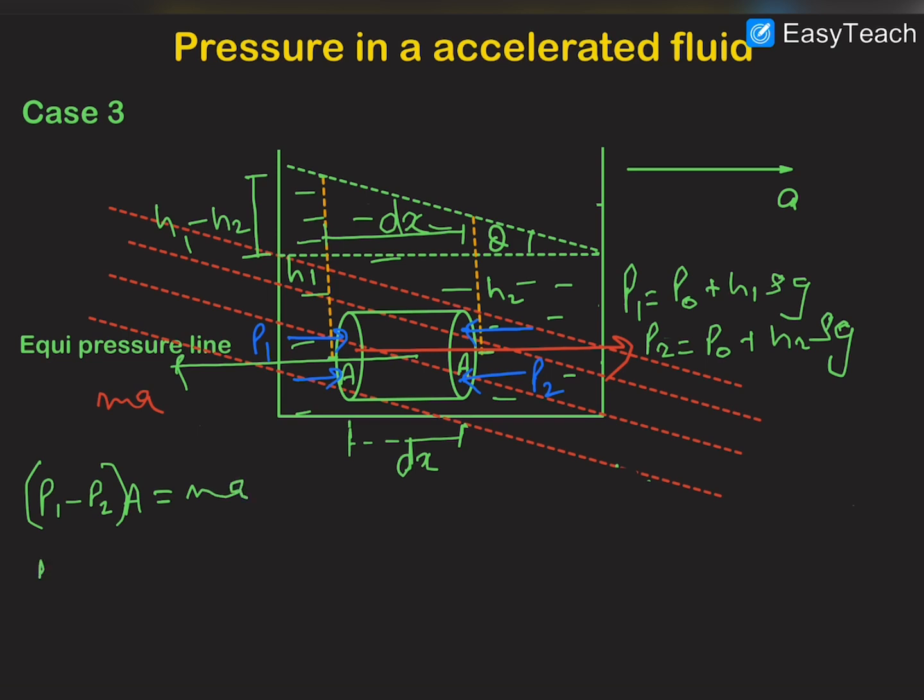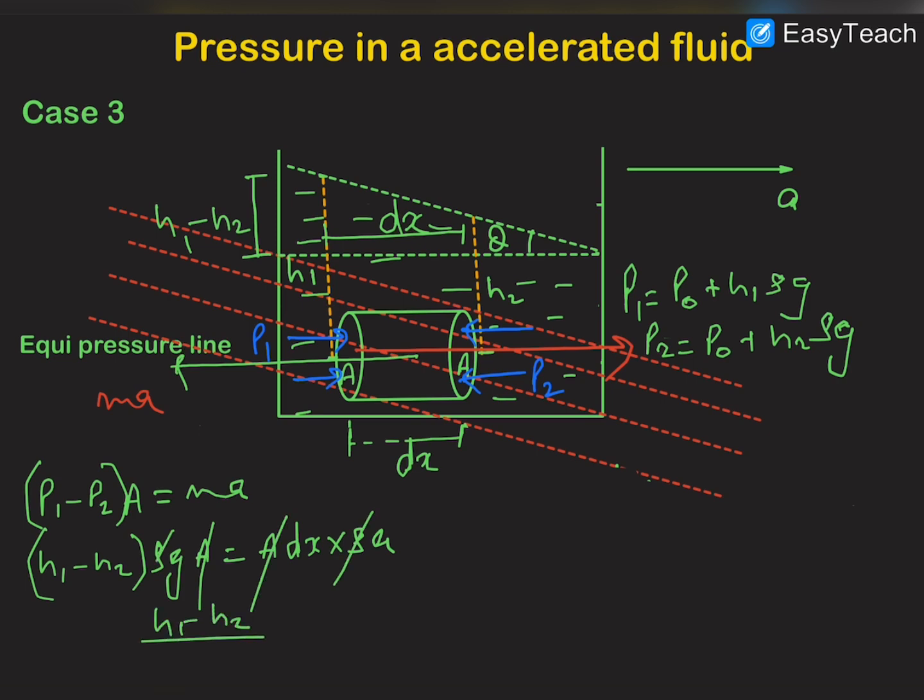Now P1 minus P2 is H1 minus H2 into rho g, times A, will be equal to m a. And m will be volume into density. Volume is A dx, density is rho, and a is the acceleration. So cancelling A with A, rho with rho, H1 minus H2 upon dx is equal to a by g.